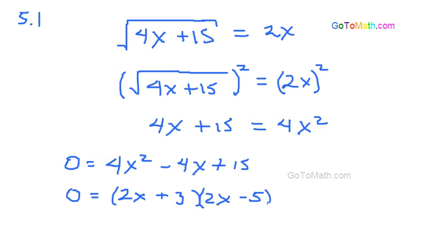Let's look at this. 2 times negative 5 is negative 10, plus 6 is negative 4, and 3 times negative 5 is, whoa, that's positive 15. What's going on here? Oh, what the heck?